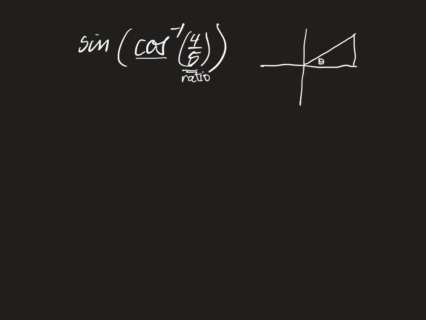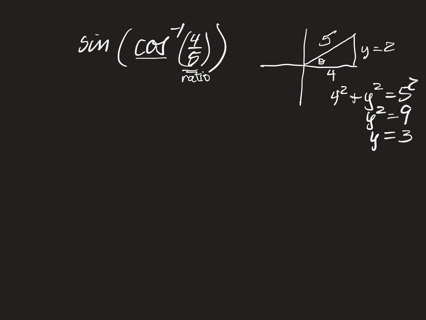So here's an angle, okay? And the ratio is inverse cosine, which means adjacent over hypotenuse. So this is 5, this is 4. And by the Pythagorean theorem, 4 squared plus y squared equals 5 squared, we can get y is equal to 3. All right?